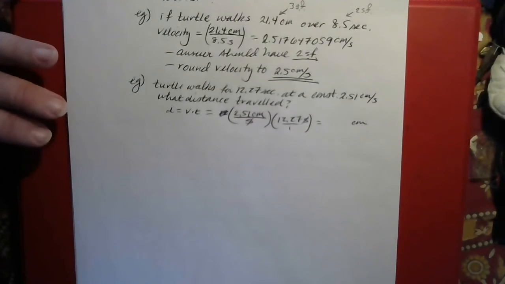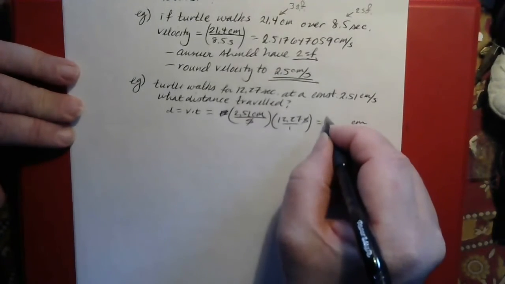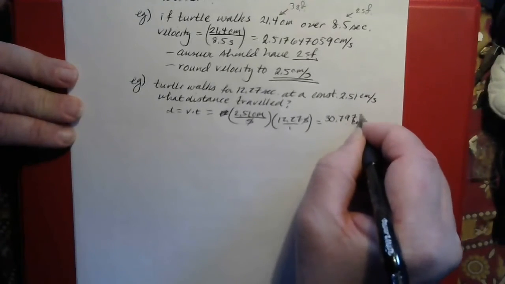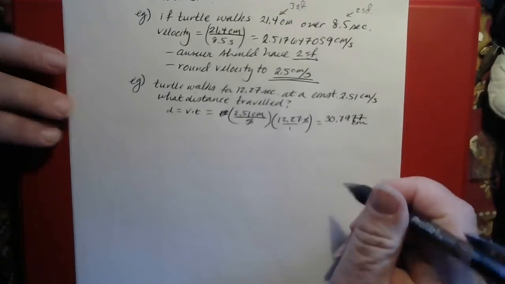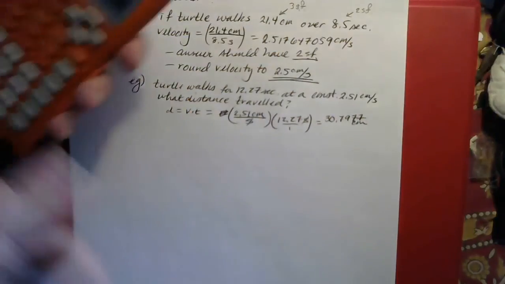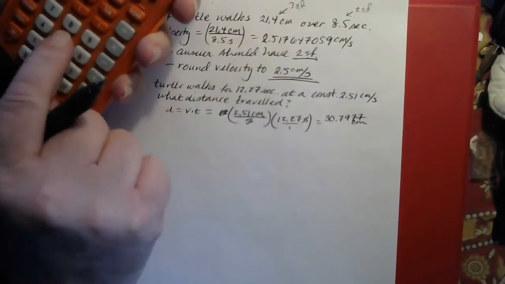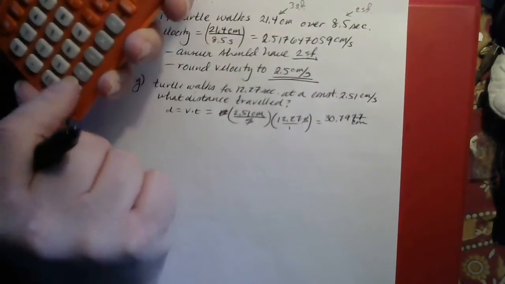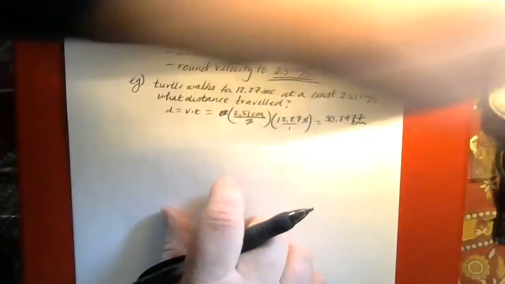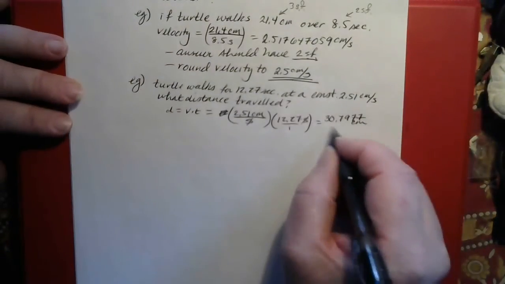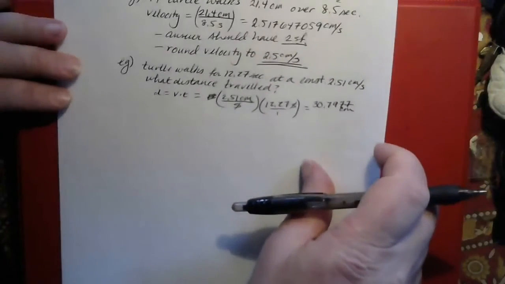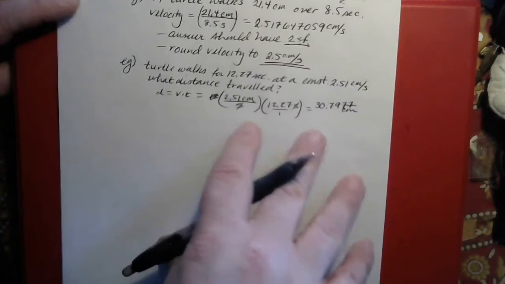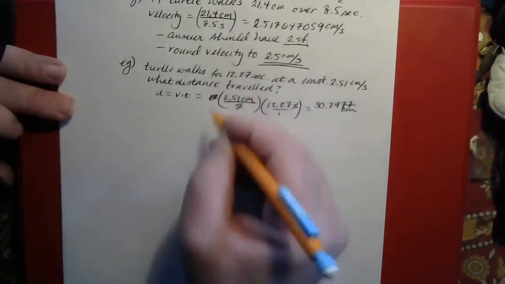And the number that the calculator is going to give you is 30.7977. Yeah, that's the whole answer that the calculator gives you. 30.7977, that's pretty long. It's a pretty good bet that's too many significant figures. And sure enough, when you look at the numbers over here, it is.